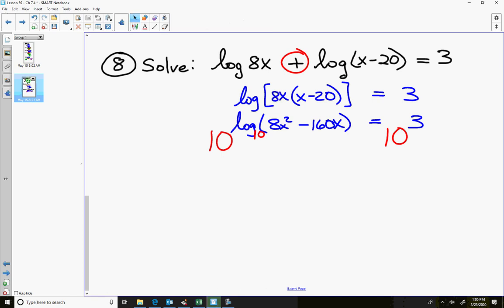On the left side, the exponential base 10 and the log base 10 cancel, leaving simply 8x squared minus 160x equals. On the right side, do the arithmetic, 10 cubed is 1,000. And now, we no longer have a logarithmic equation.